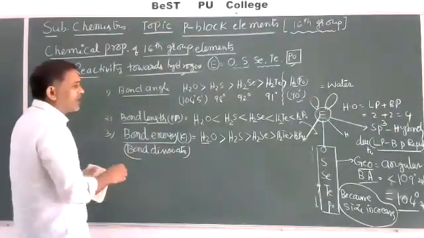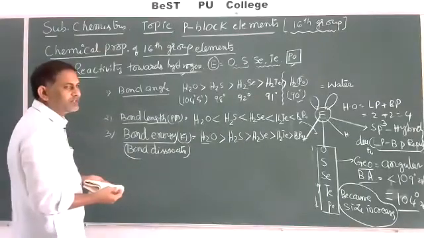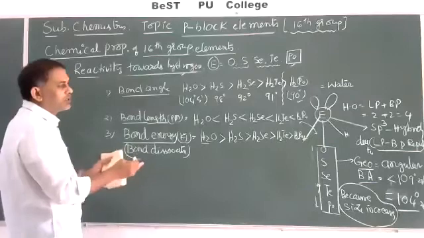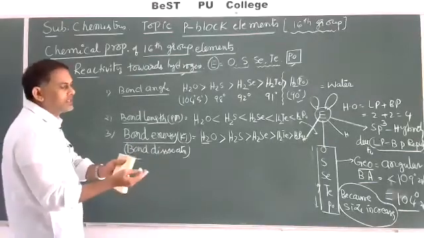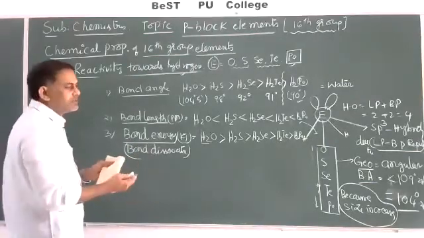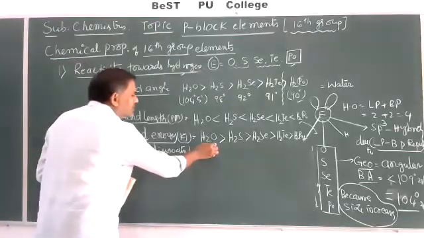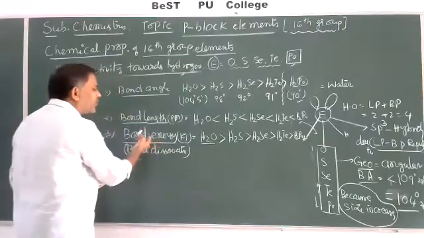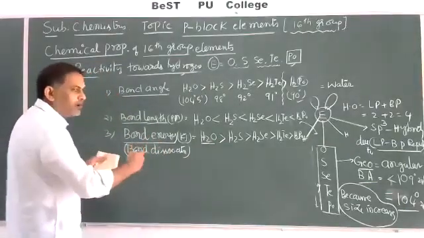Those that readily produce H plus ions, according to Arrhenius theory, when dissolved in water produce H plus ions, and that is acidic in nature. Similarly, the hydrogen in water cannot be easily removed because more energy is required to break the bond.